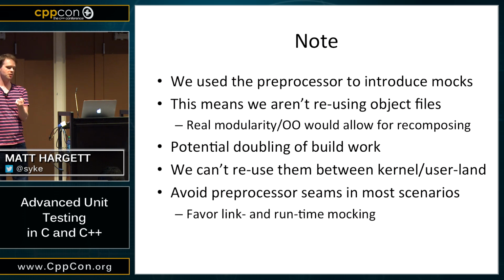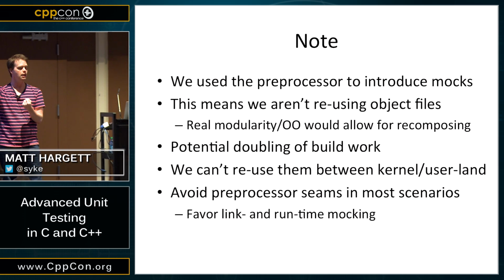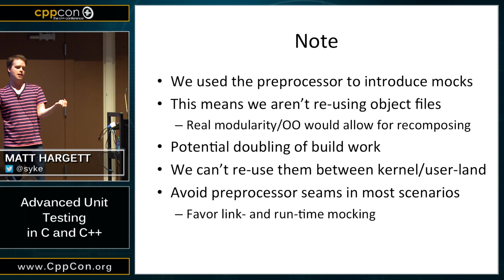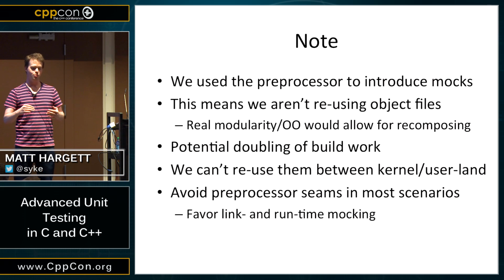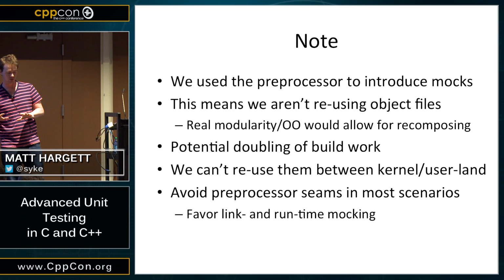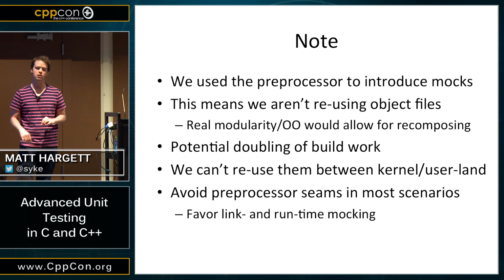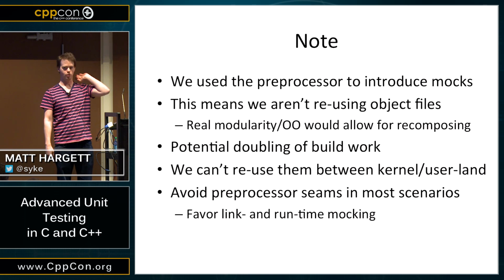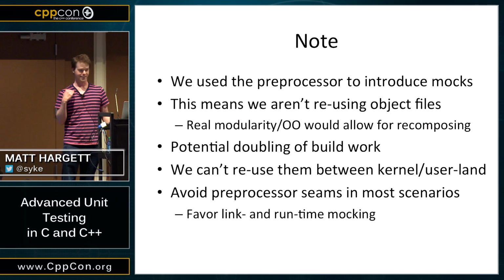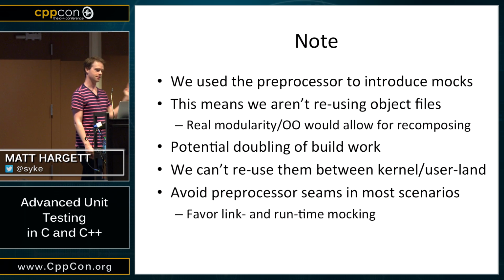Once for your implementation that you're going to link into your final shipping thing, and once for your test. For one small object file, who cares? But when you set that precedent, two things happen. One is that you get these weird if-defs all throughout a source file that clutter up the whole file. That's bad news. It impairs readability.